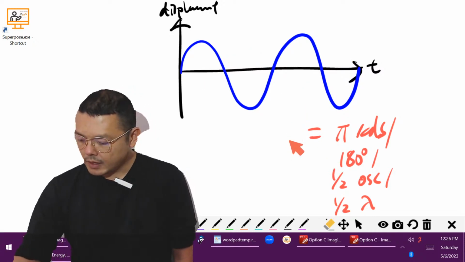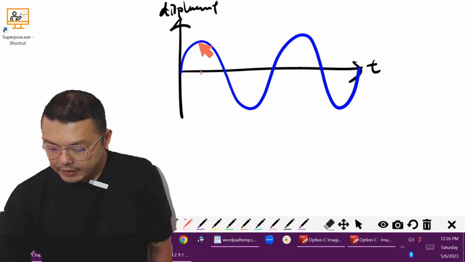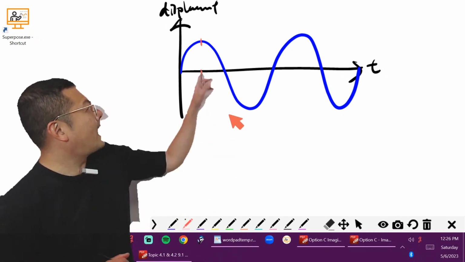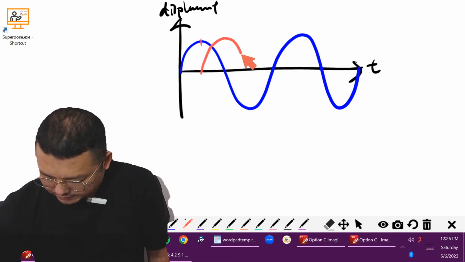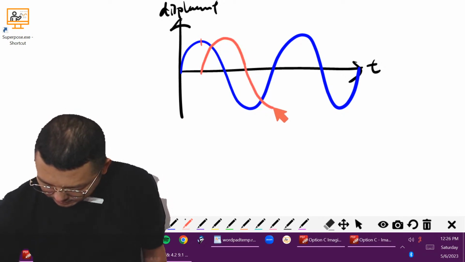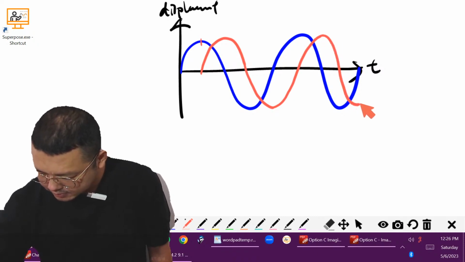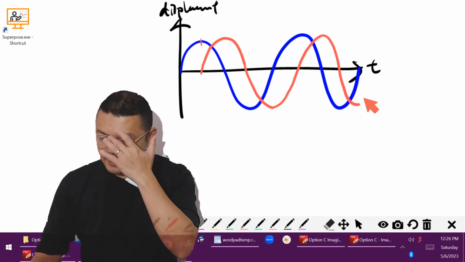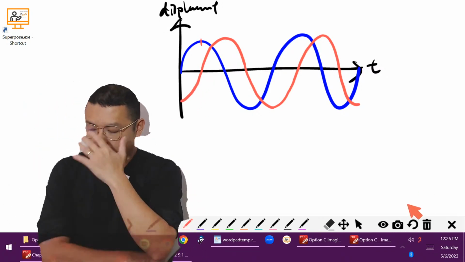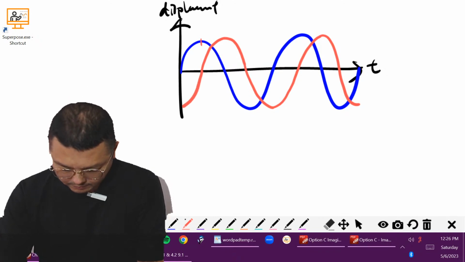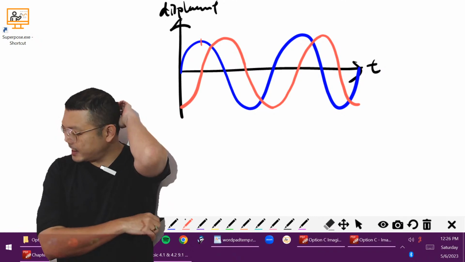Finished already? Okay. Let me show you what 90 degrees out of phase looks like. Where it's positive, you start from 0. Then you draw the graph. Then this will be 90 degrees out of phase.